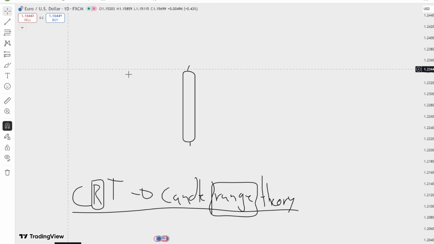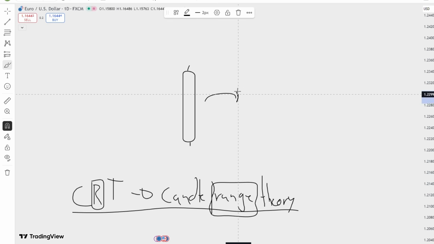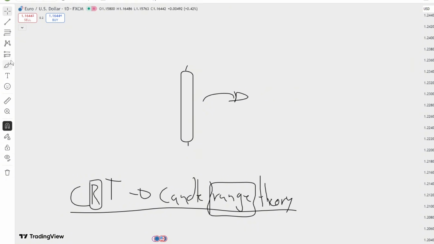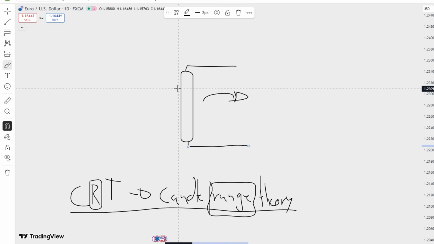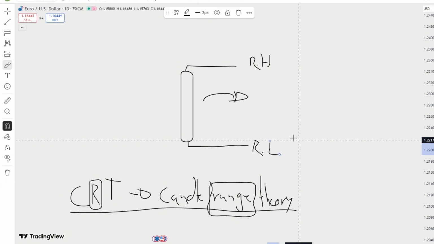And why does this work? Because in this candle's range you can see your range, obviously, but what do you have at the range extremities, like in the range high and the range low?